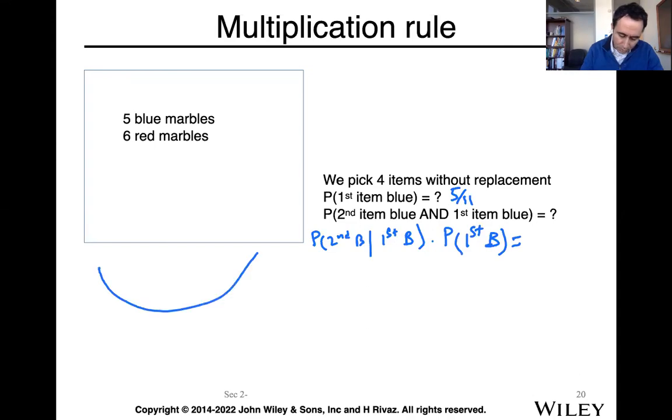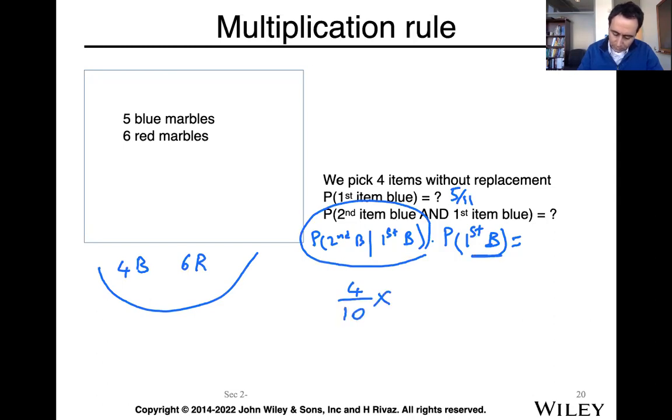That means that now my bag has 4 blue and 6 red, right? So that's equal to second blue, 4 divided by 10, times first blue, which I already calculated, 5 divided by 11, right? Notice that for ANDs, when we are interested in multiple events happening together, we have to use the multiplication rule.